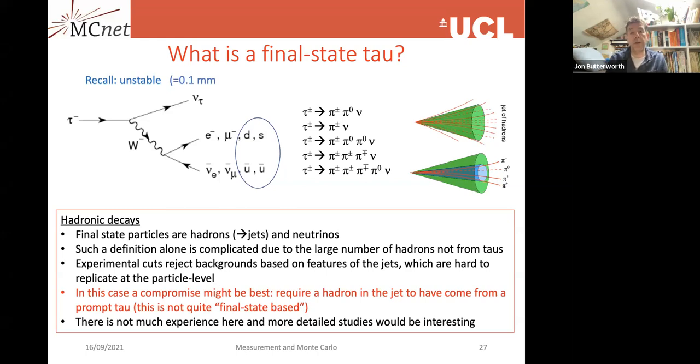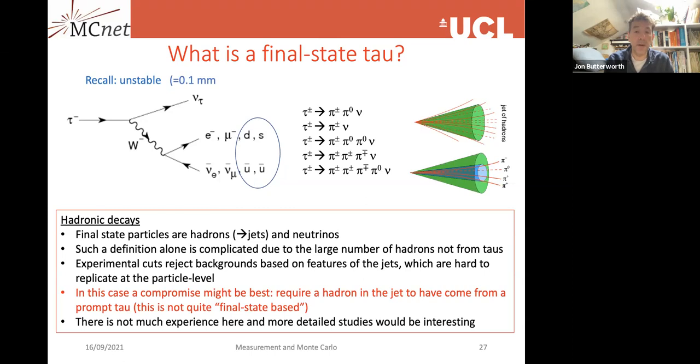Such a definition alone can be complicated, because there are a lot of hadrons in an event not from taus. That's not an in principle problem, but it's an in practice problem in the detector. And you will typically have experimental cuts to reject backgrounds based on jet multiplicity, jet mass, things like that. They can be hard to replicate at the particle level.